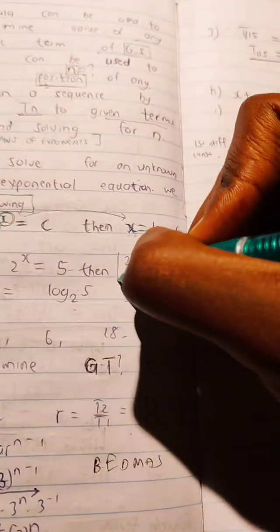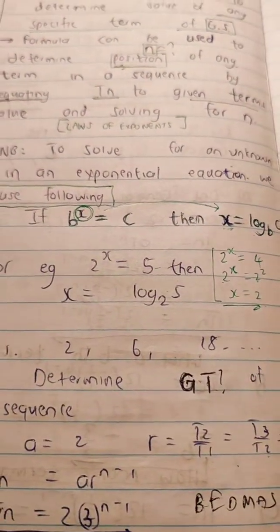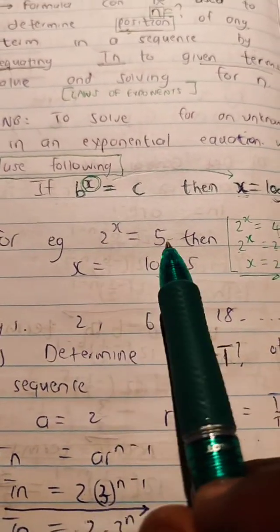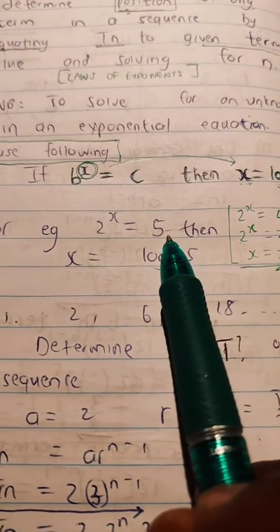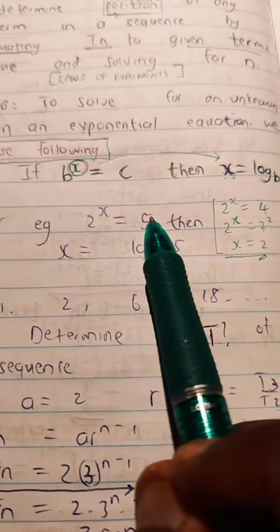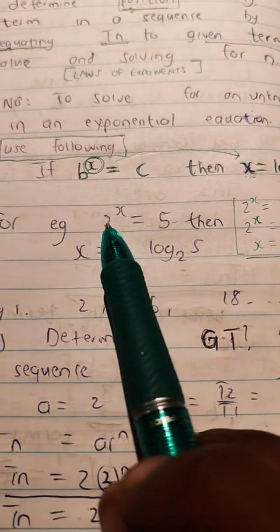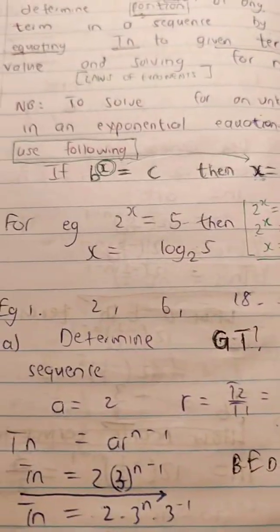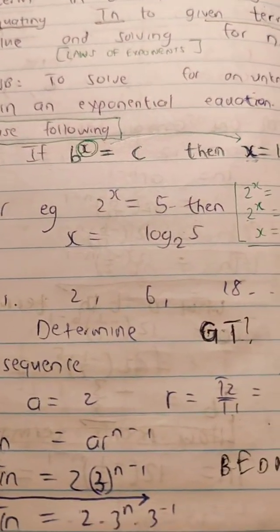Now, this concept helps us when we have a situation where the bases are different. You can see this is base 2. But look at this side. Is this going to aid us in getting a base that is the same as this one? 2 is a prime number, 5 is a prime number, but are the bases the same on either side of the equal sign? I'm sure you can see that they are not the same.